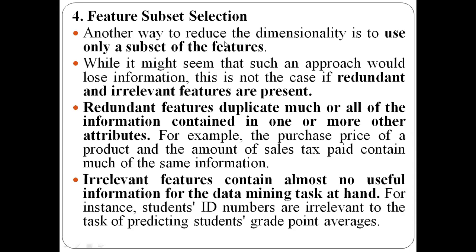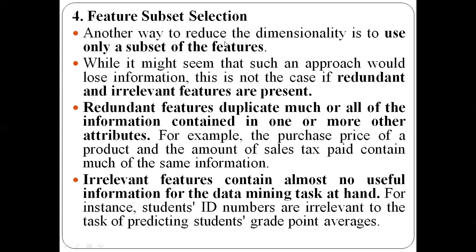So instead of considering all the attributes, we can choose only a subset of attributes. That method is called feature subset selection. As the name says, it is the selection of a subset of features out of the collection of features. It is also a dimensionality reduction technique.